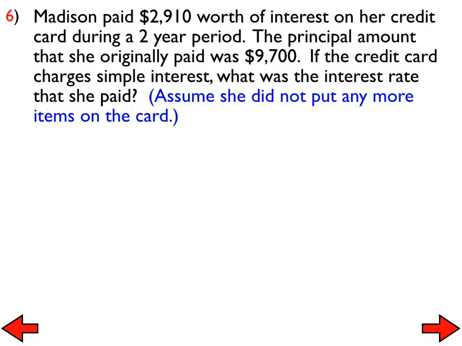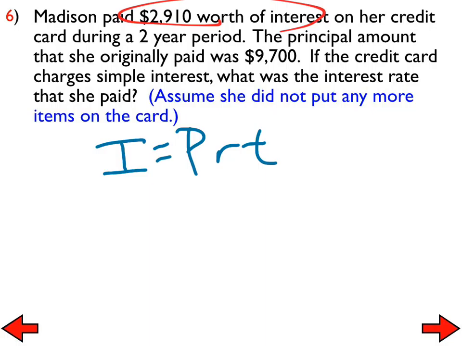Okay? The principal amount that she originally paid, which is on spending on things, was $9,700. If the credit card charges simple interest, what was the interest rate she was paid? So I equals P times R times T. Do they tell us the interest? Yes. What is it? 2910 equals.